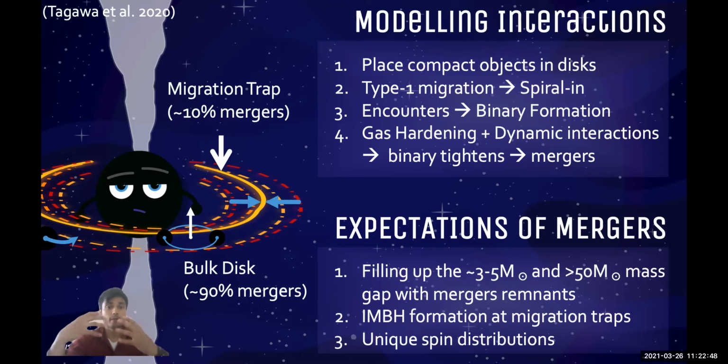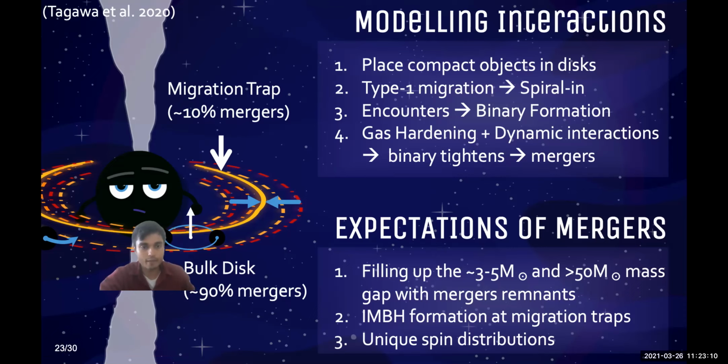And from such models, we can expect to see that the lower and upper mass gap in the compact object mass spectrum will get filled up due to the mergers in these disks. We can also expect intermediate mass black holes to form at migration traps, which are kind of like rings in the disk where the outward radiation pressure from the supermassive black hole balances out with the inward migration pressure.